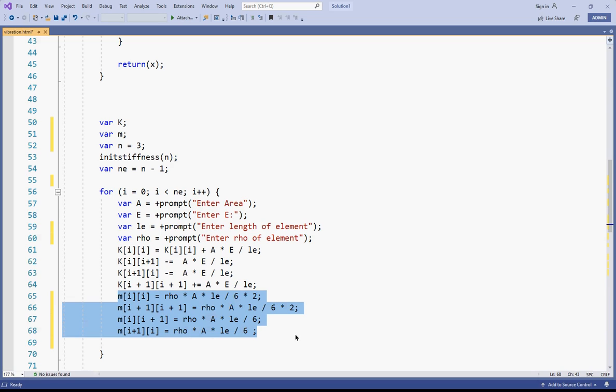Just let me know whether you have understood this or not, or you can ask the question. Have you understood this? Just let me know.